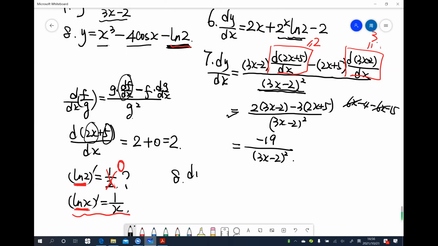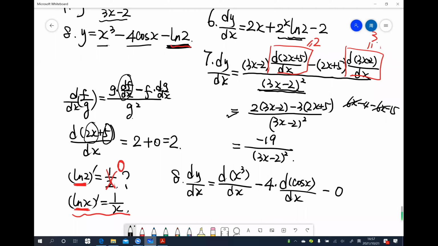So if we have made it clear, then number 8 is easy. So dy by dx equals d x power 3 by dx minus here 4 times cosine x. So we can take the constant 4 outside and then times d cosine x by dx. And then minus 0, right? Because it is a constant.